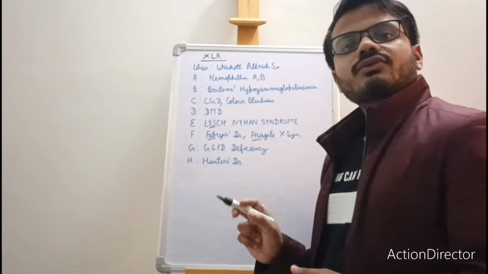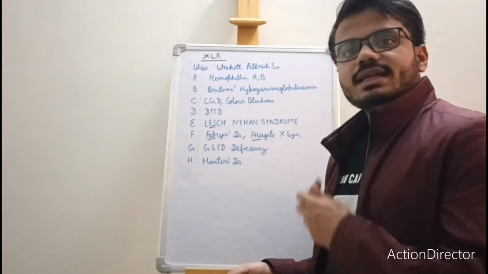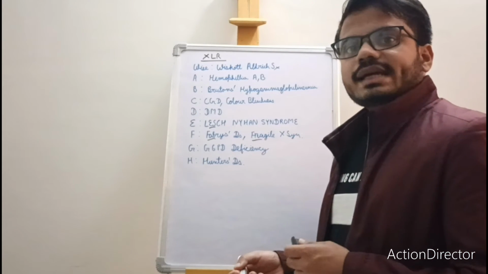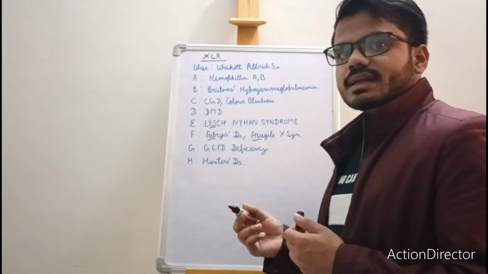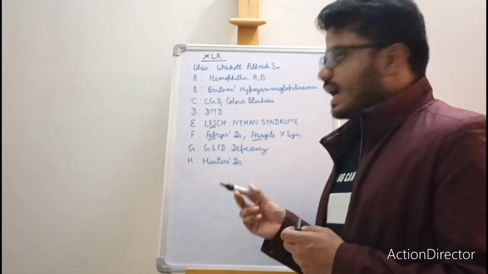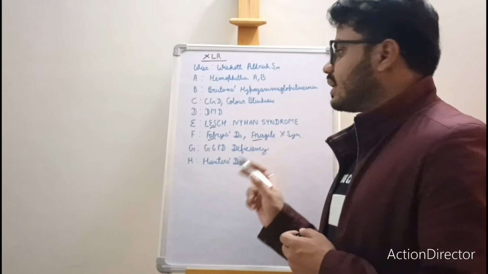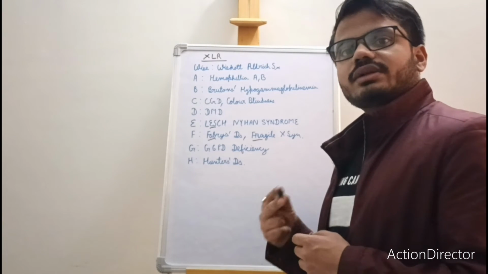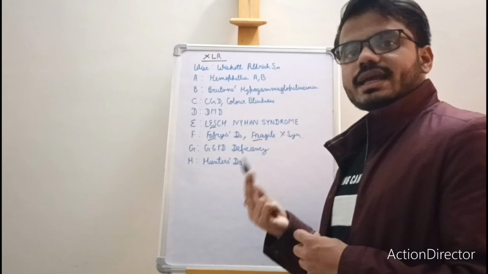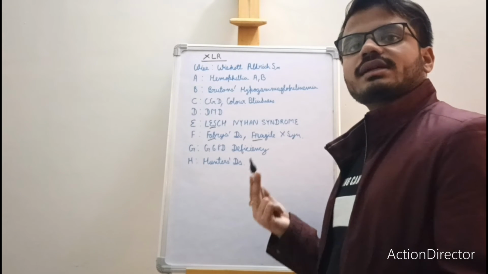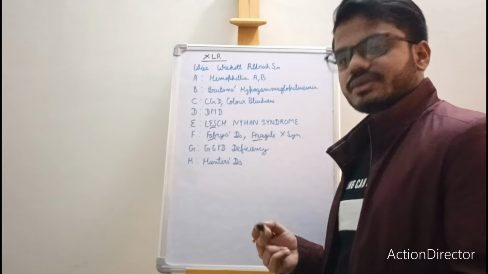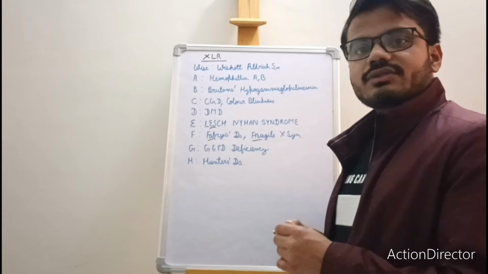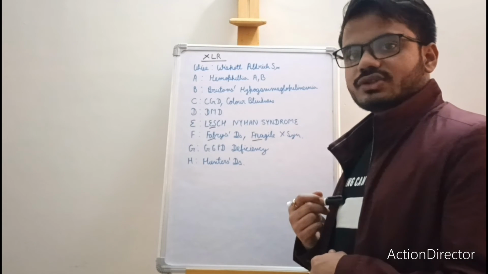H stands for Hunter's disease. So as in the previous slide, I had told you that Hunter's disease and Fabry's disease are two lysosomal disorders that are exceptional and come under the category of X-linked recessive. So these were the X-linked recessive disorders, right?